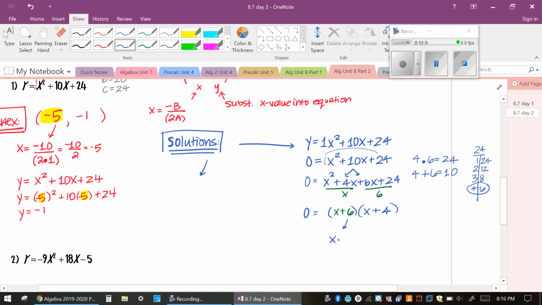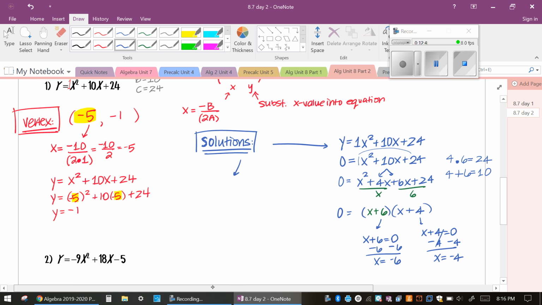Set each one of these equal to 0, and you get an answer of negative 6 and negative 4. So those are your solutions.